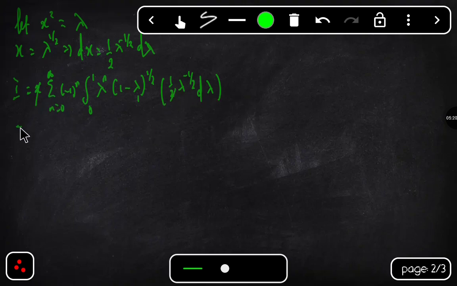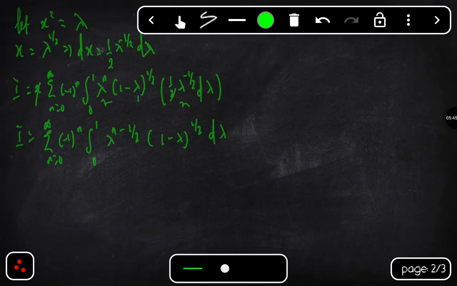So what we have now is I equals the sum of n from 0 to infinity of negative 1 raised to the power of n, integral from 0 to 1. So lambda raised to the power of n and then lambda raised to the power of negative half. So that will give us lambda raised to the power of n minus half. Then multiply by 1 minus lambda, then raised to the power of half, d lambda. That's beautiful.